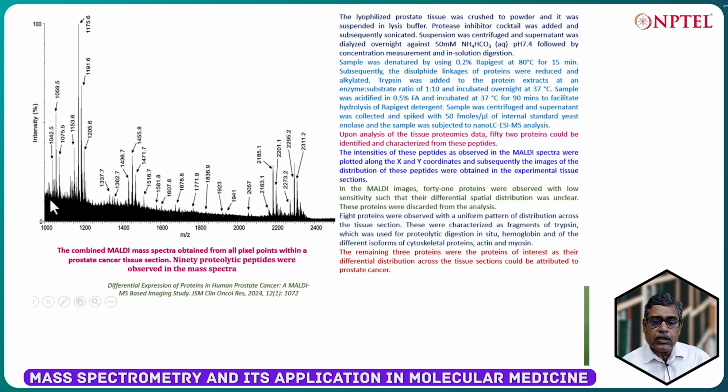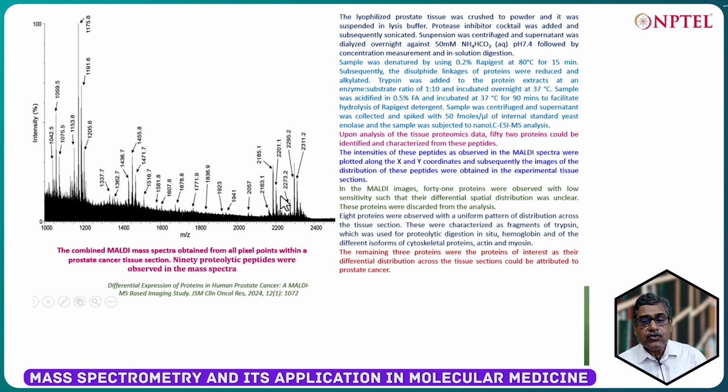Generally in tissue, the background noise is heavy, which is very clear here. Now the next question is how many signals are there. Obviously we were not able to label everything, but if we look through the list, the total is 90 proteolytic peptides. These are all peptides.